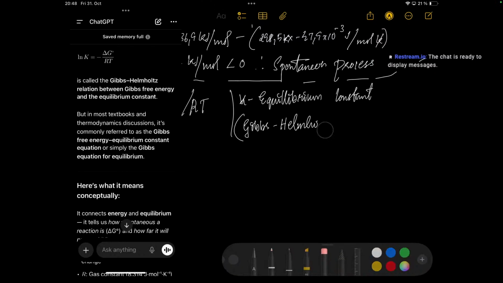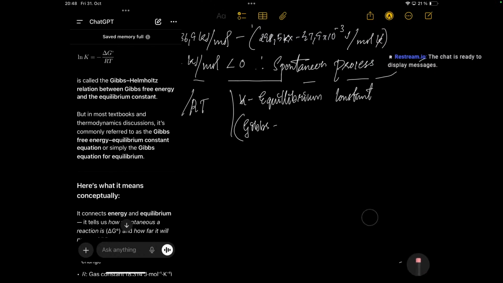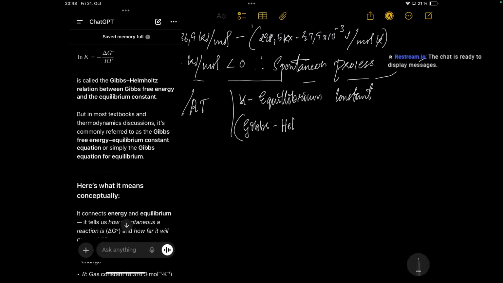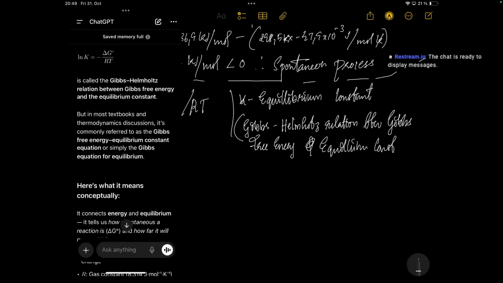Gibbs free energy and equilibrium constant.